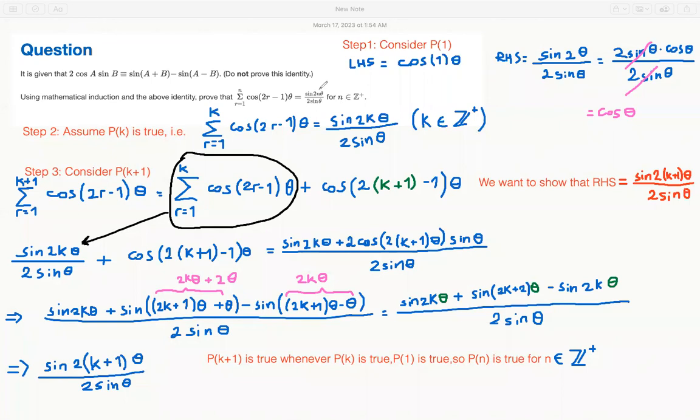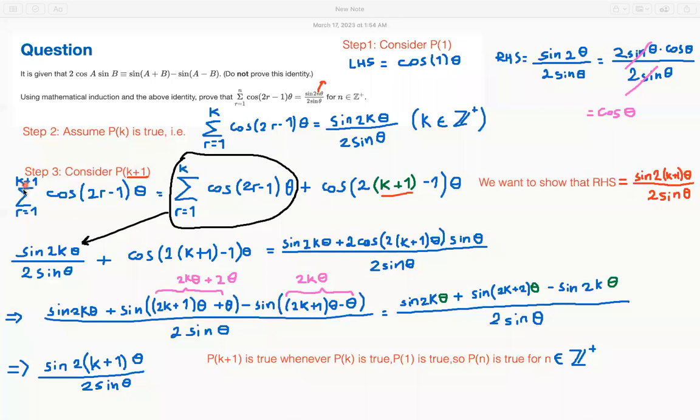Why did I change n to k + 1? Because I want to show that it is also true when n equal to k + 1. So I replace n with k + 1, as you see over here.